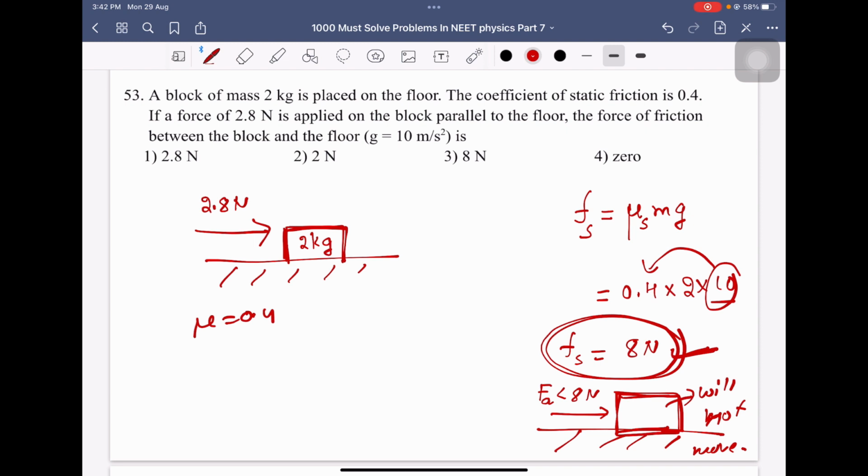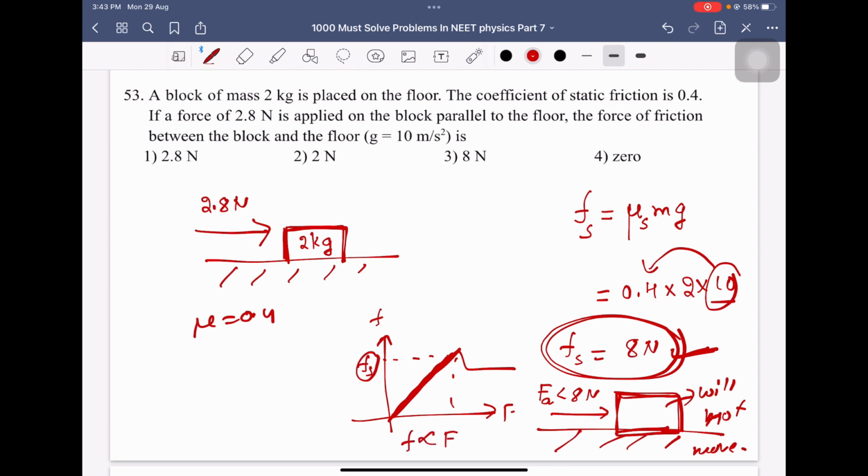Till then, frictional force is directly proportional to applied force. Means as the applied force increases, frictional force also increases till the maximum value of static friction.